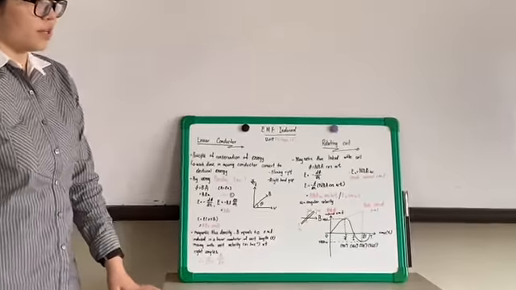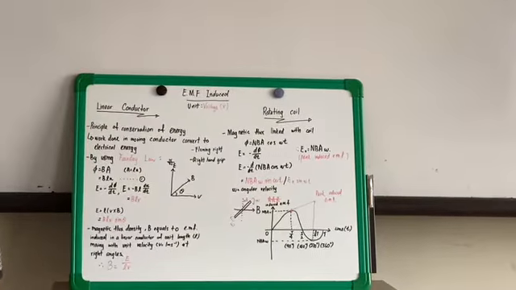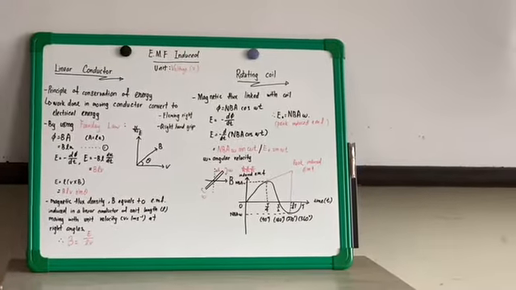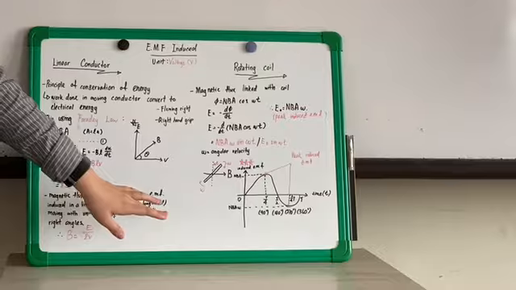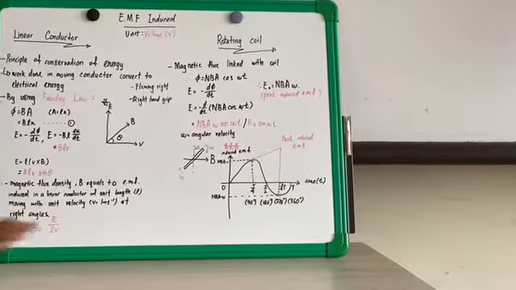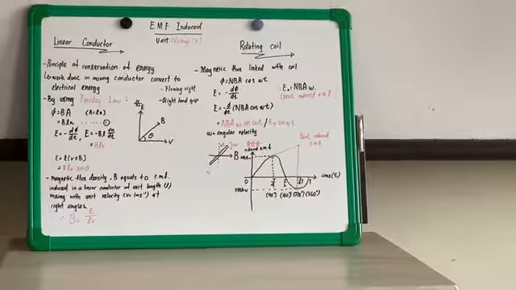And it can also be expressed as E naught sin omega t. E naught will be the peak induced EMF. So this is the graph of the induced EMF. Thank you.